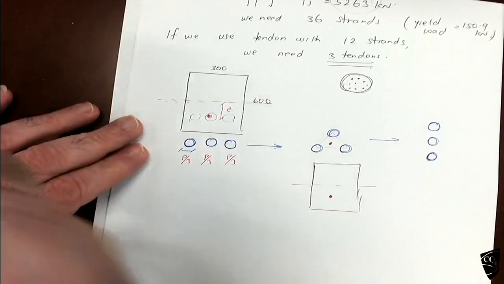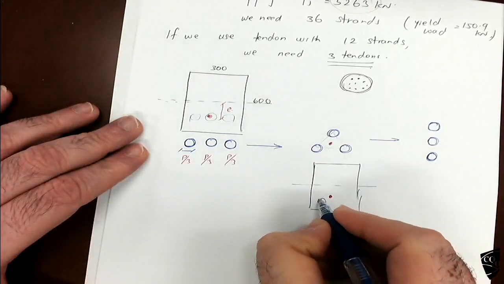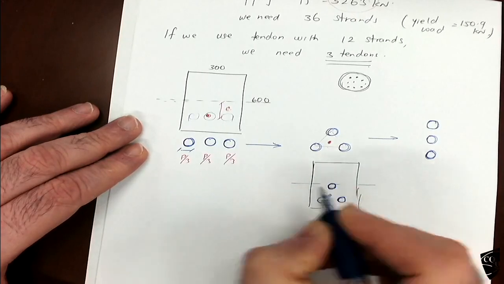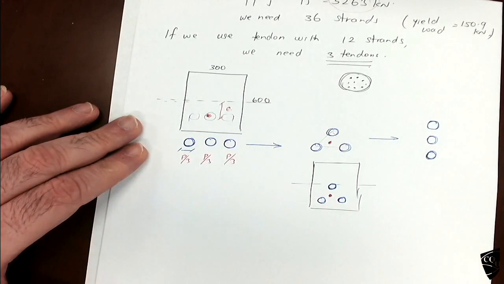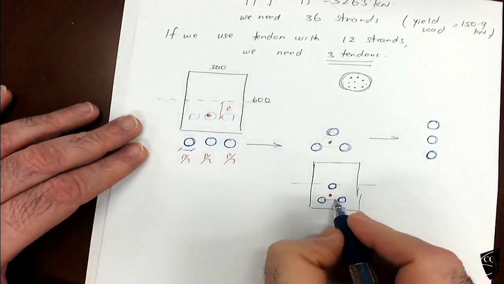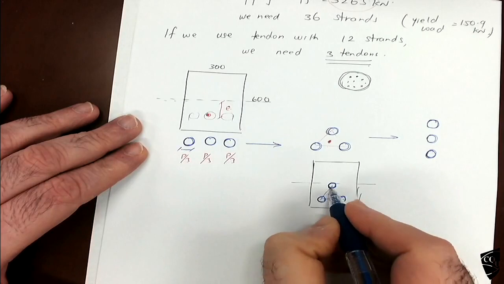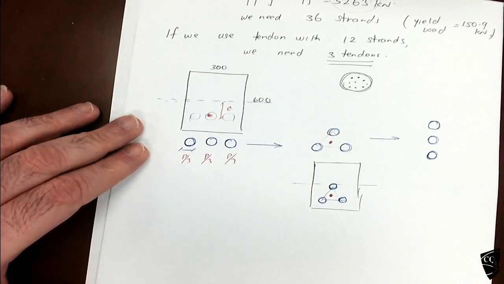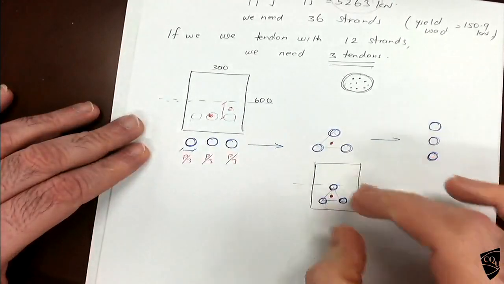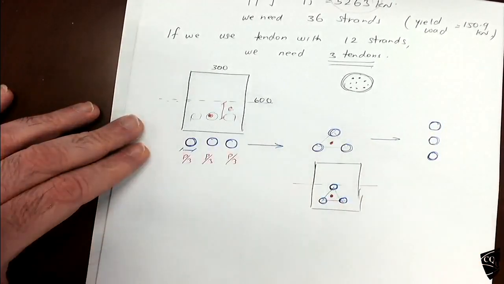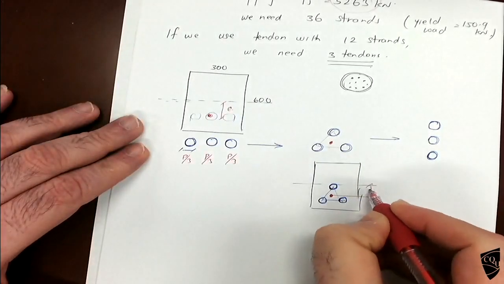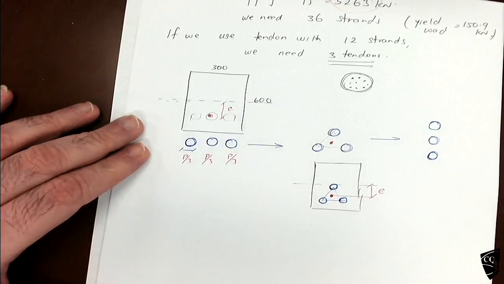So you need to arrange them. If you arrange like this only, the resultant will be there. So you need to adjust this so that the resultant comes to the E. This you already calculated from the Magnel diagram.